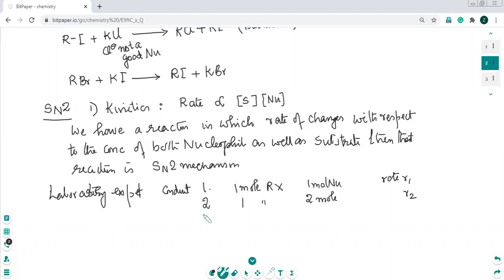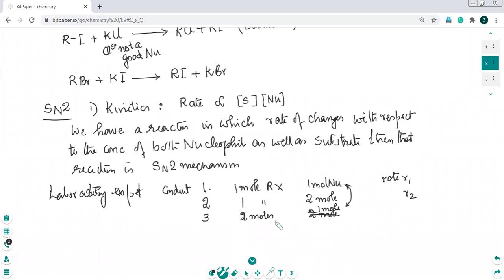Now do the third experiment. Take the substrate 2 moles and the nucleophile 1 mole. Compare this and this.